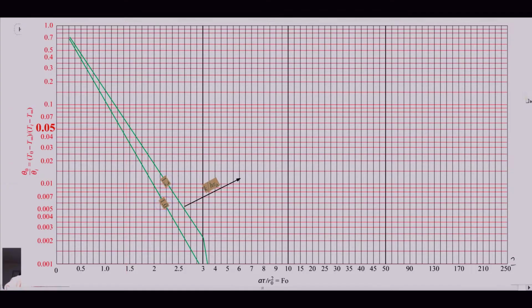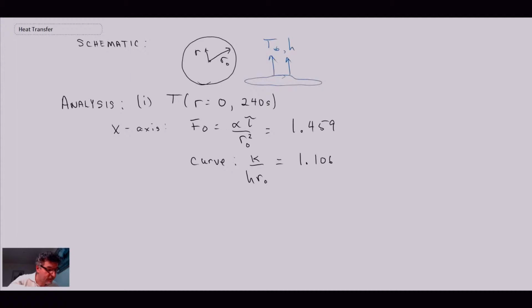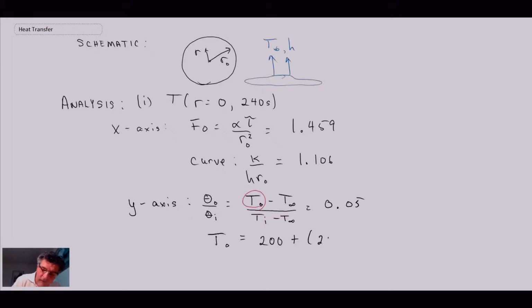Let's go back. That gave us the y-axis value, which is theta naught over theta i. From that, we can calculate T naught, because that's what we're looking for, the centerline temperature. And what do we get?